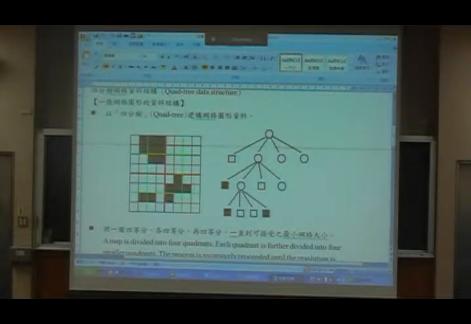So for this circle, for this second quadrant, we further divide into another 4 quadrants. And the first one is black. Second one and third one are white. And the fourth one is black.